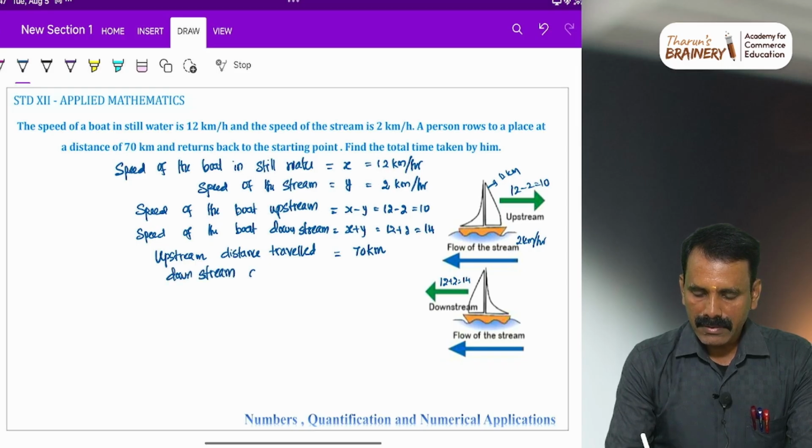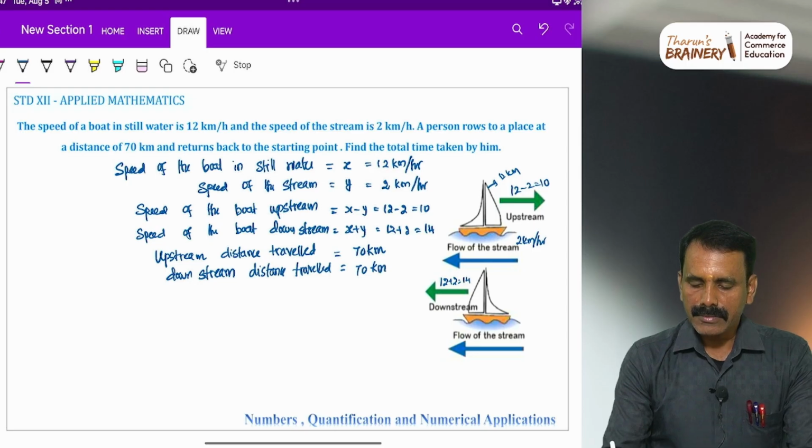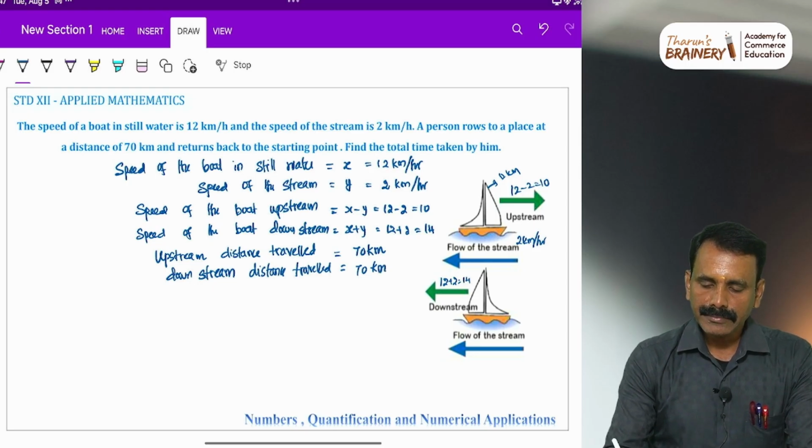Downstream distance travelled also 70 kilometer.